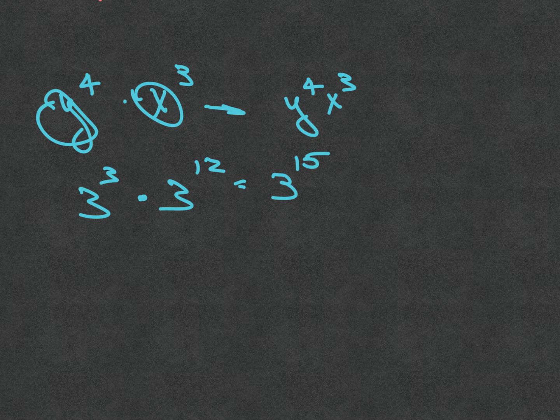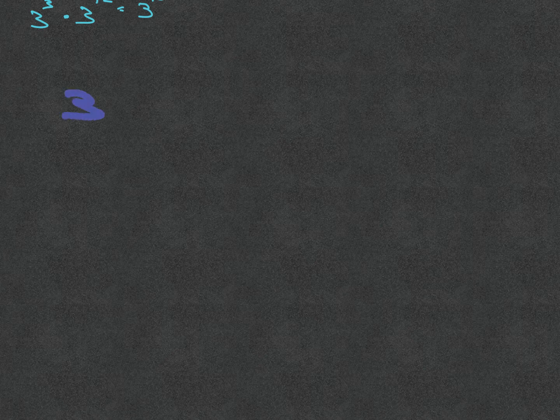There's a second property, and that second property is called the power rule. The book doesn't really say anything about it being the power rule, but what it says is that when we have any number or letter, so let's use the number 3, and I have it squared, but then I also have a parenthesis, and let's say I take that to the 4th power.